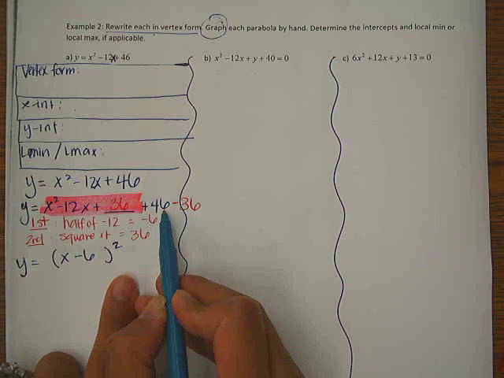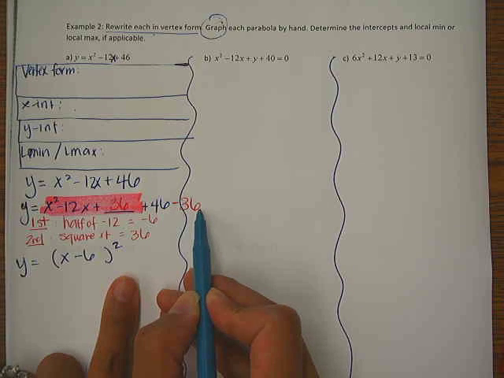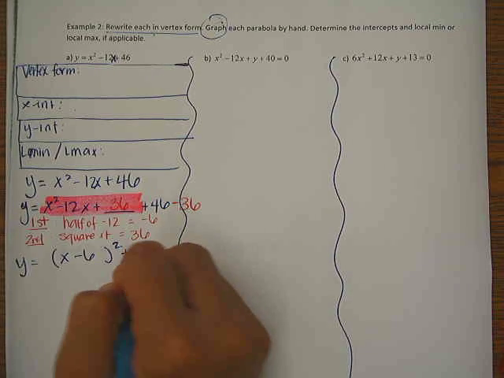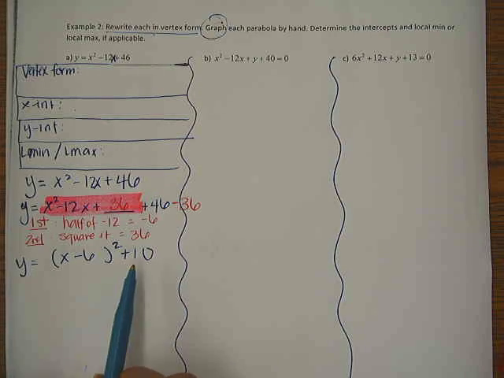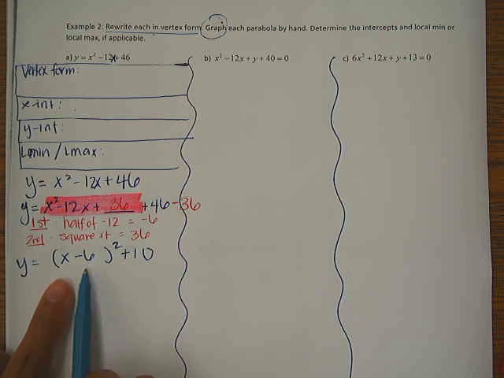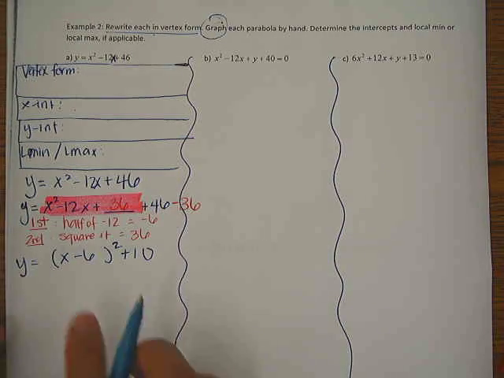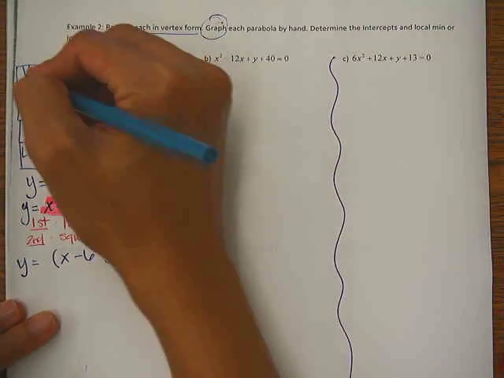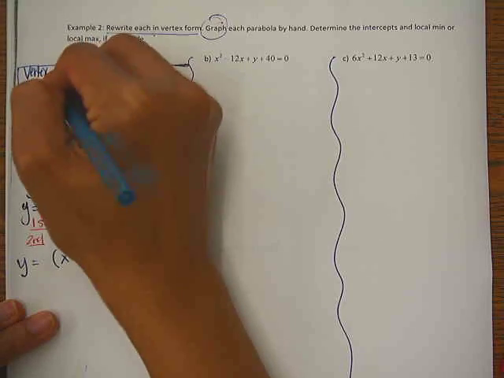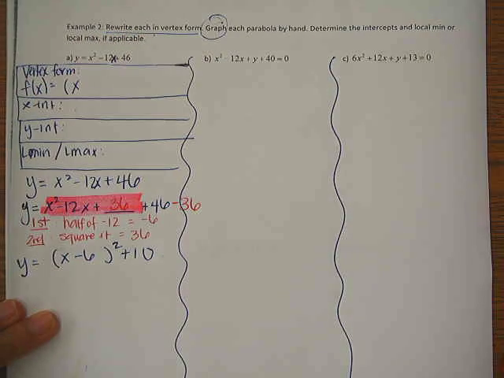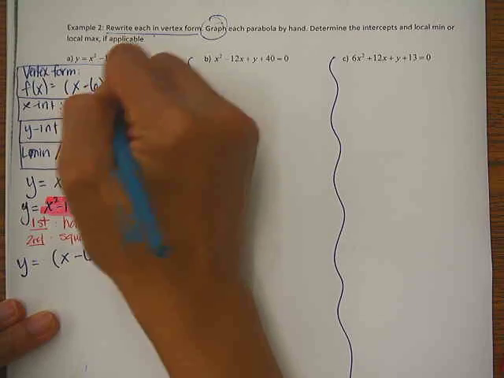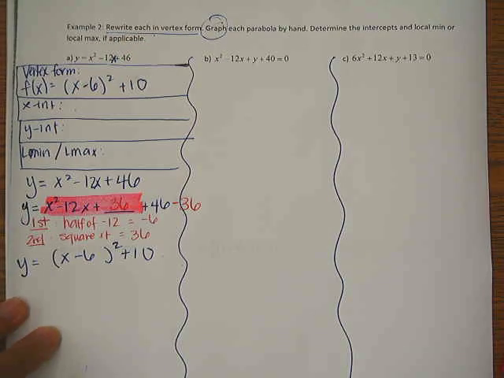A positive 46 and a negative 36 is going to give me a positive 10. And if I wanted to, I can FOIL this back out and it should be the original equation. So now that that's my vertex form, I'm going to write it up here, f of x or y equals, doesn't matter what you use, x minus 6 squared plus 10. And that's my answer.